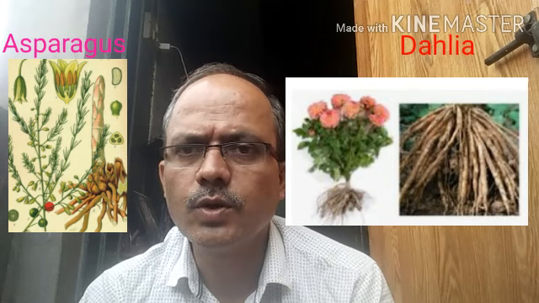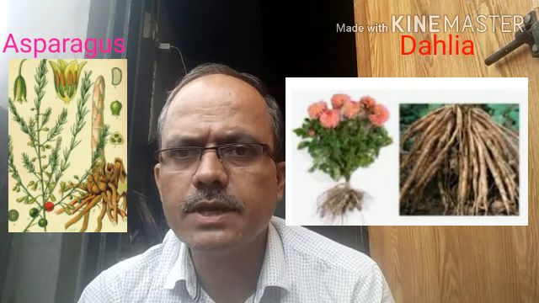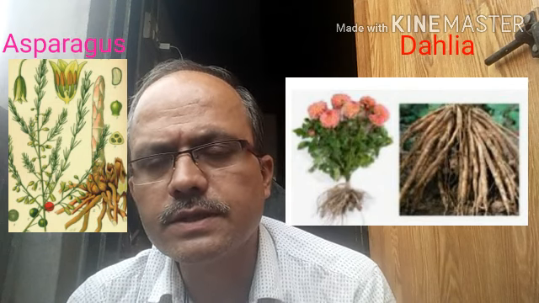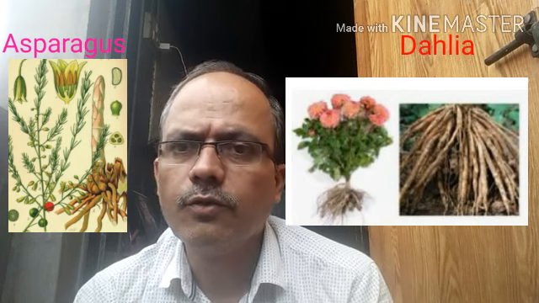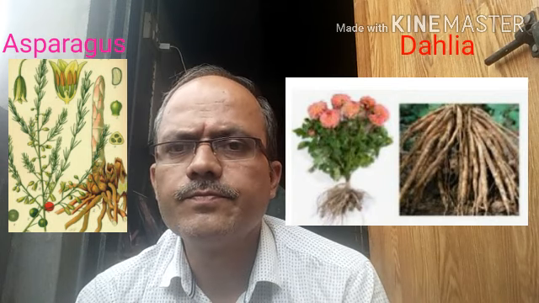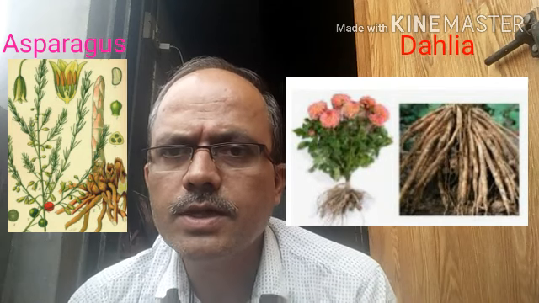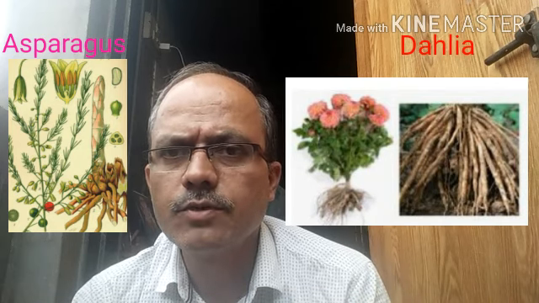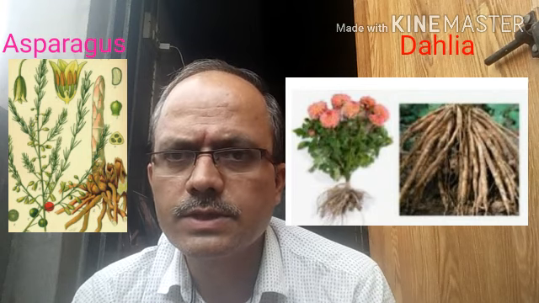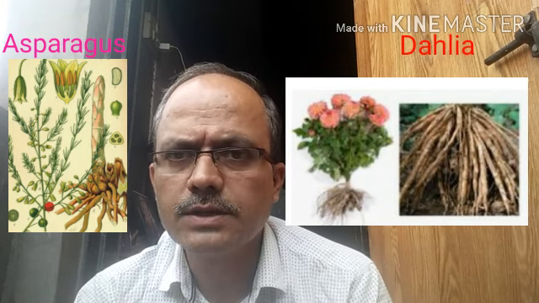Example, dahlia or asparagus. Asparagus is used for various medicinal purposes, and also as a vegetable after cooking.